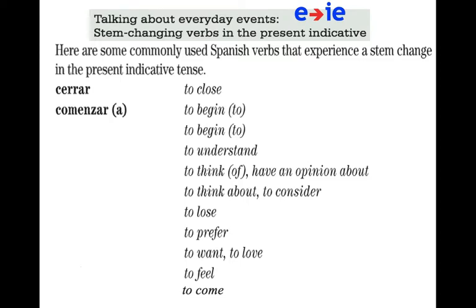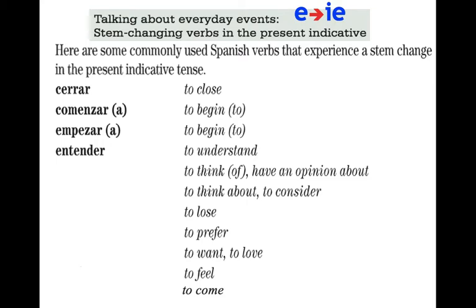To begin, that begins with the letter E. Empezar, repita, empezar. To understand begins with the letter E. Entender. You might be thinking also of comprender, to comprehend. We'll use that as meaning understand. That is not a stem changing verb.